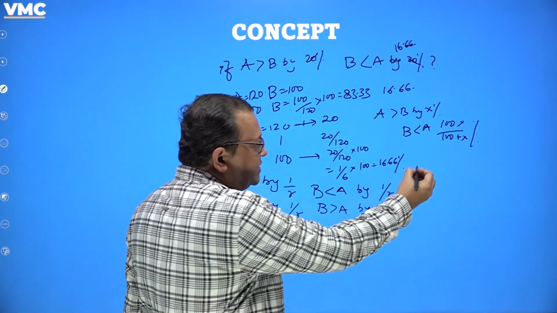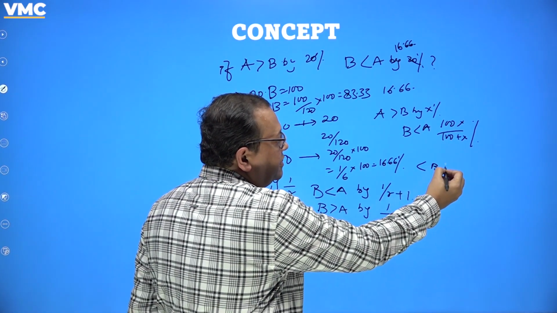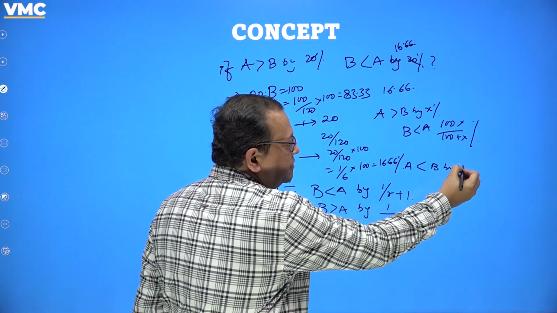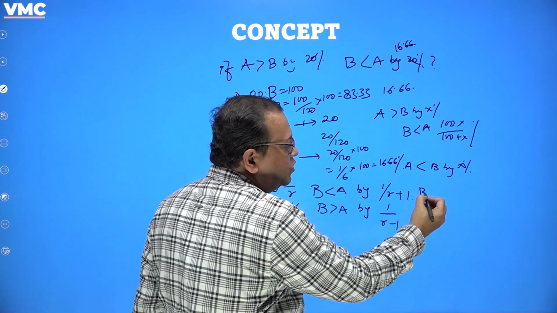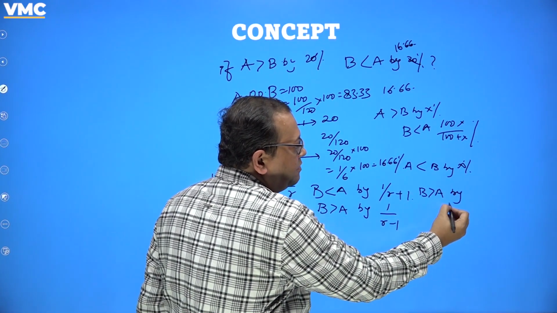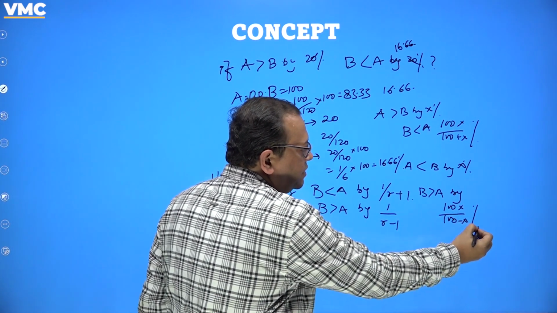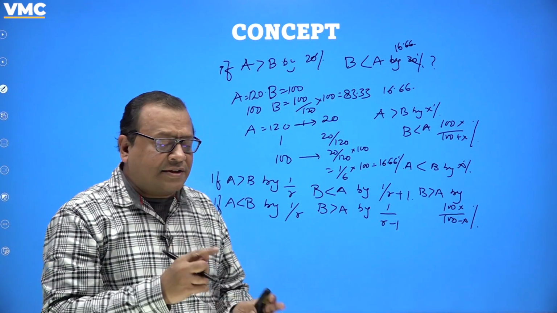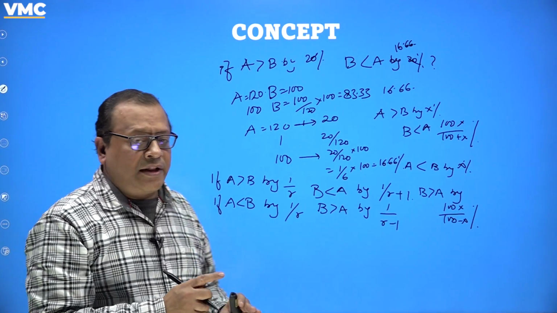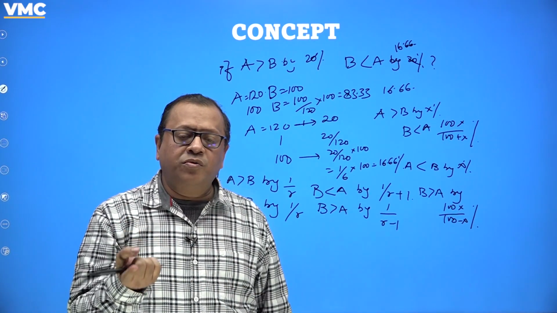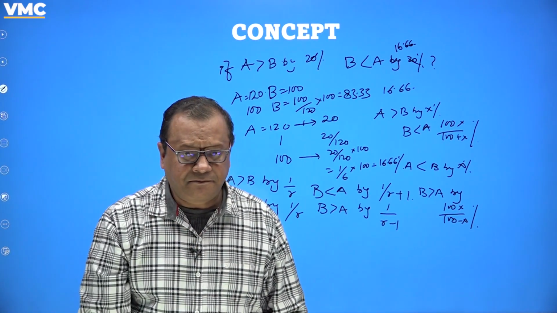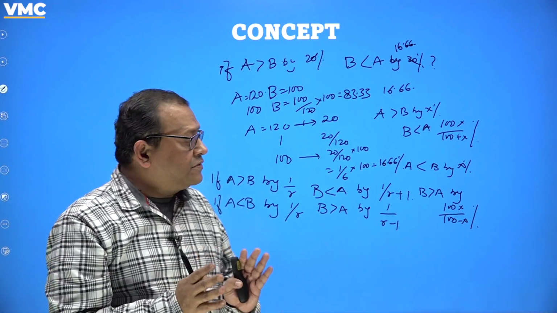Similarly, if A is less than B by X%, then I can say B is more than A by 100x/(100-x)%. So either way, all these things can be done only if you know that जिससे मैं compare कर रहा हूं उसे हमें 100 रखना पड़ेगा. If you remember this thing, it's very easy to calculate.